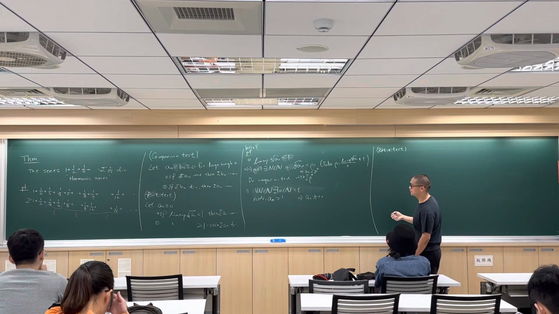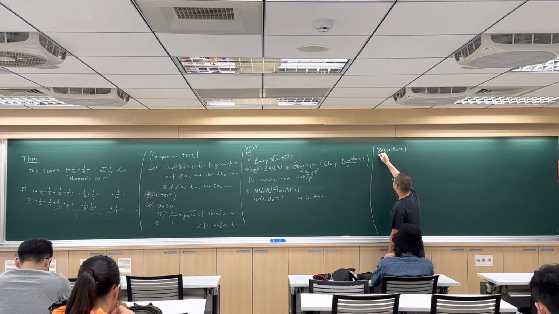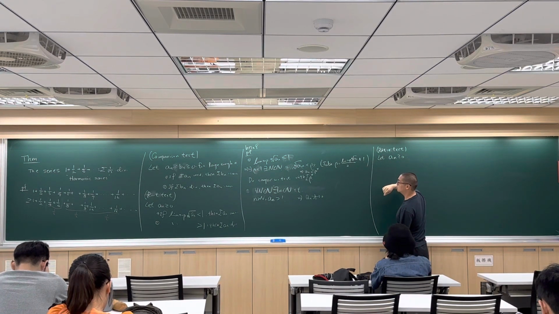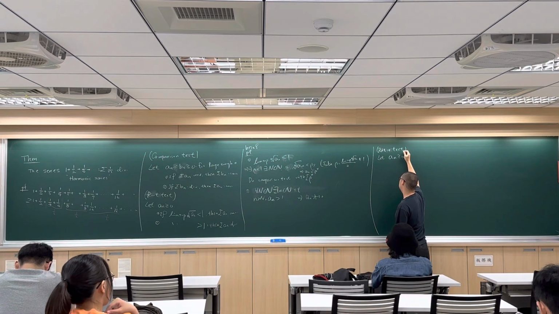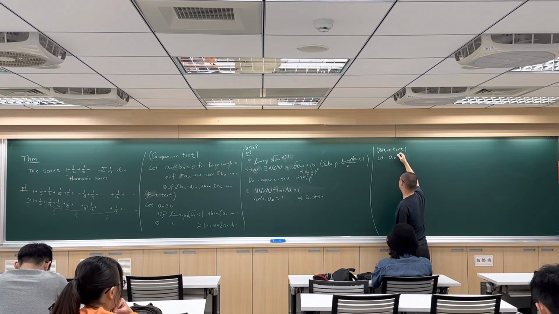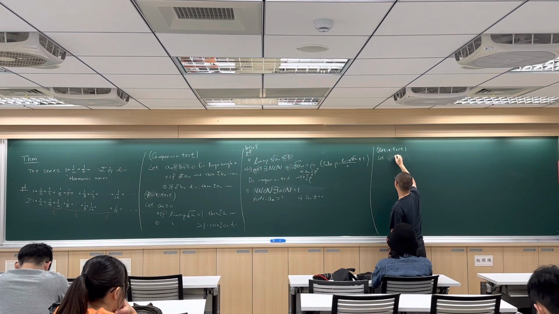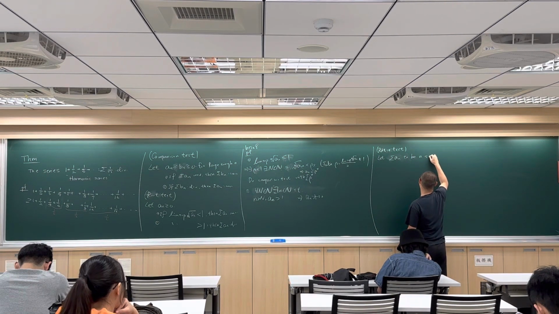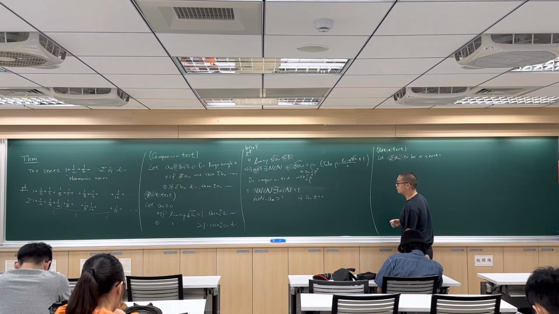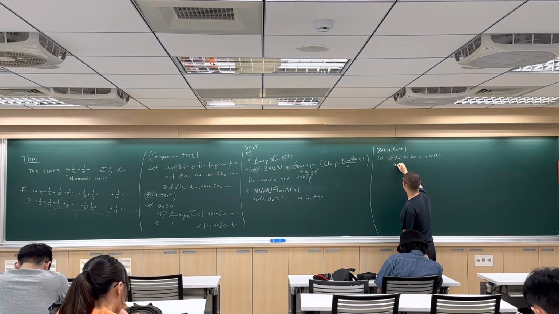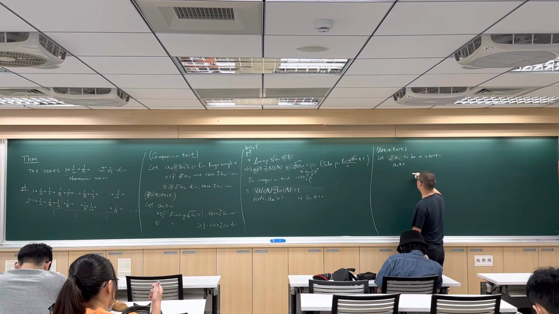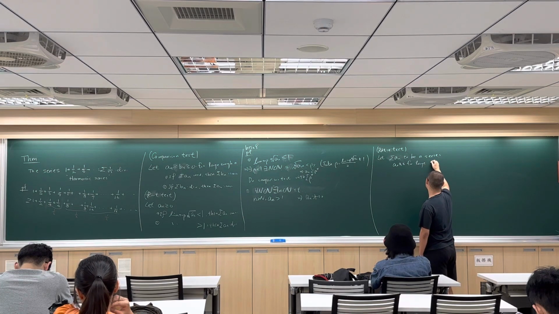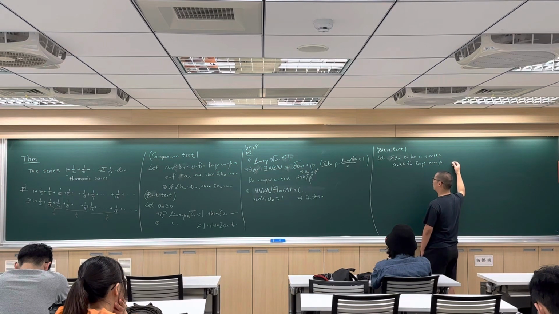Let's see. That's a_n larger than 0. May not need that, but okay. And to be a series, we need a_n doesn't equal 0 for large enough n.